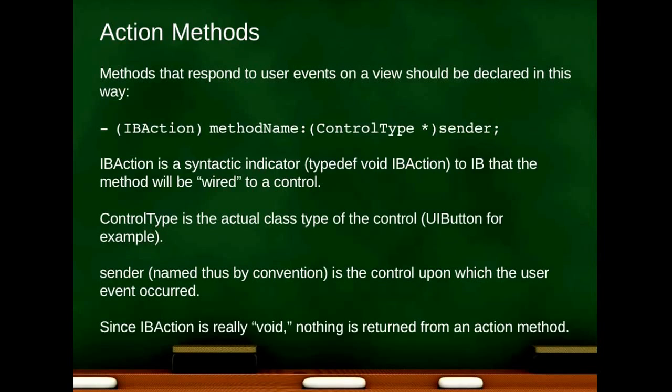So this parameter should really be typed to save ourselves some trouble. Sender, of course, is named thus by convention. It's the control upon which the user event occurred: the button press, the segmented control value changed, whatever. And, of course, since IBAction is really void, nothing is returned from this action method. Okay.